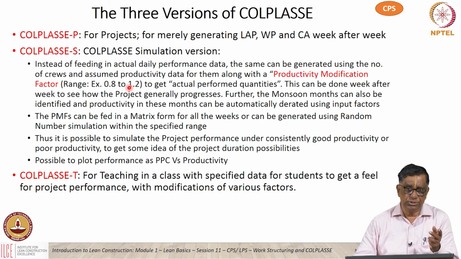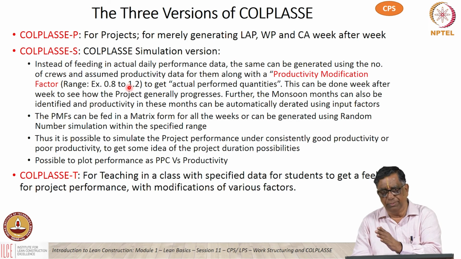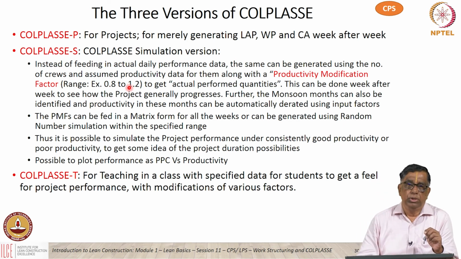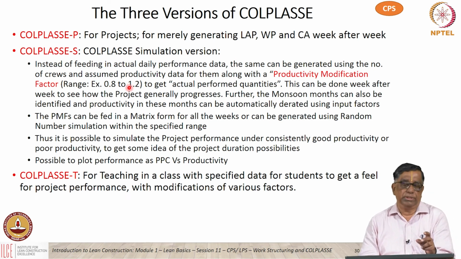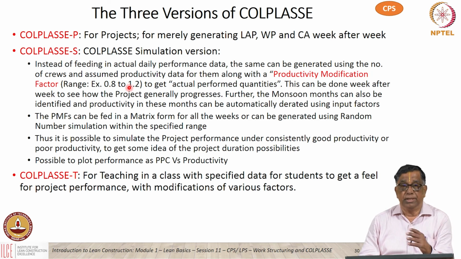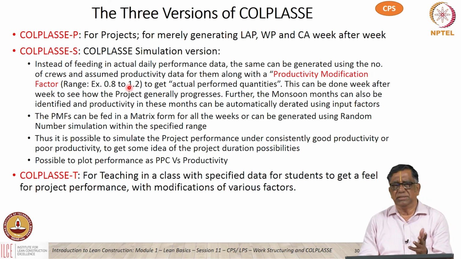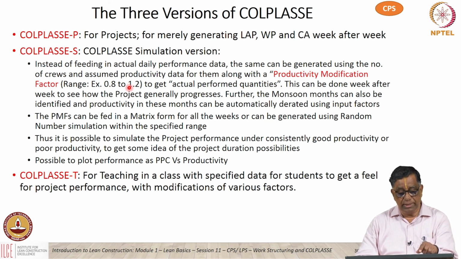The advantage is, if you want to just run through the project duration completely and see what kind of duration you get with the standard productivity, it can reduce or it can increase, but it does not normally go more than plus or minus 20%. So, we said it can range from 0.8 to 1.2.